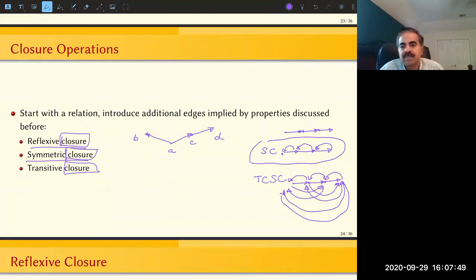Okay, someone says same result. Anybody has a different result?